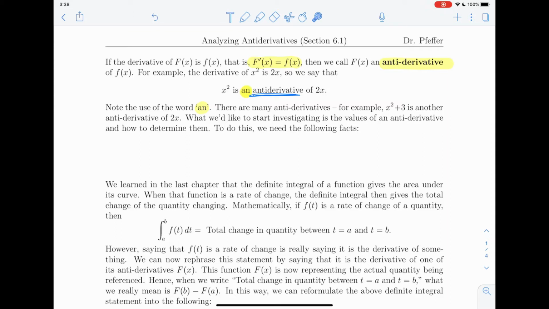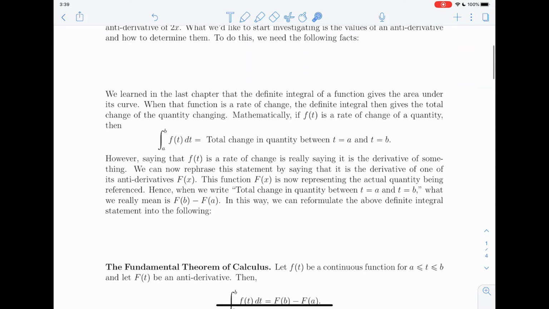So what we'd like to do right now is begin trying to investigate the values of an antiderivative. In order to do that, we're going to go back to what we've already talked about and mathematize it a little further. The first thing that we need to import here is the following.